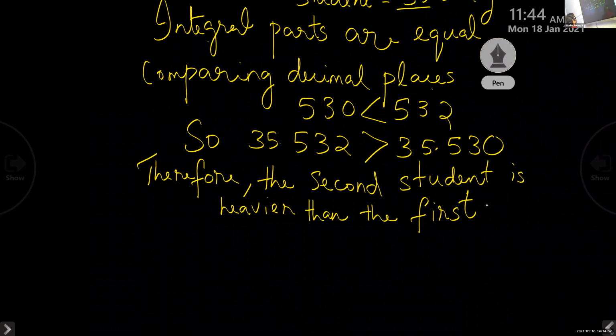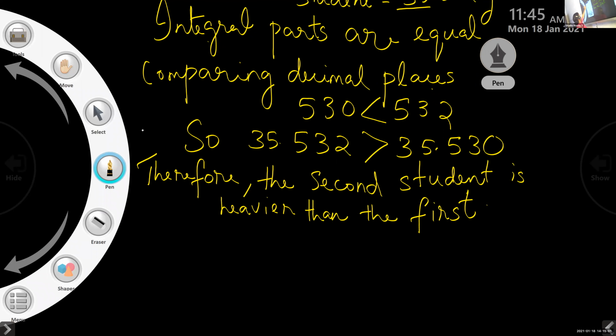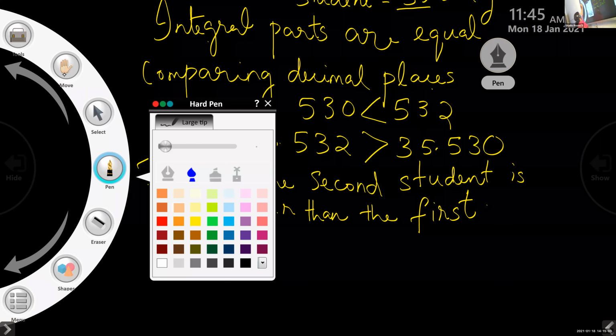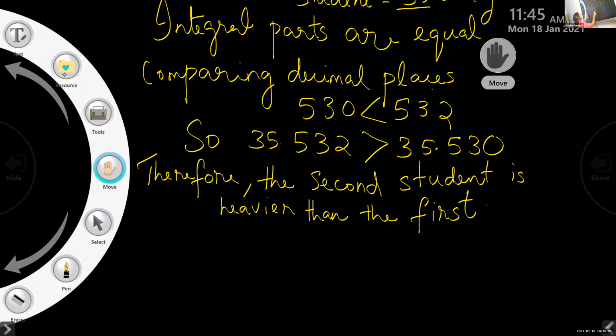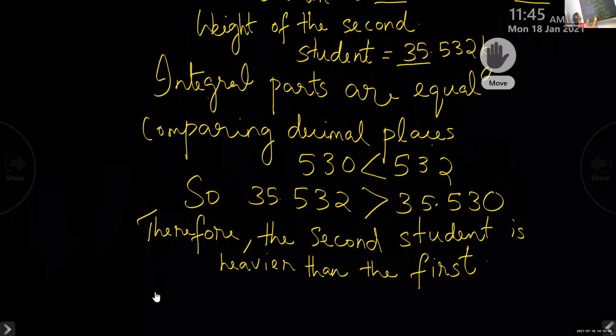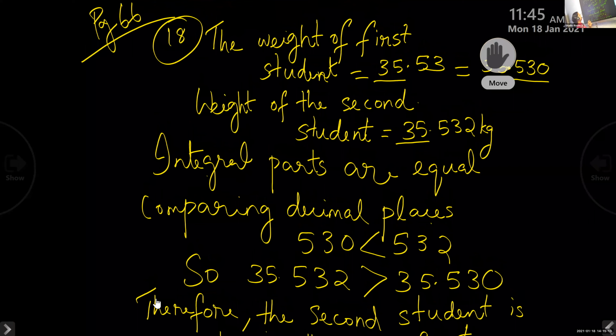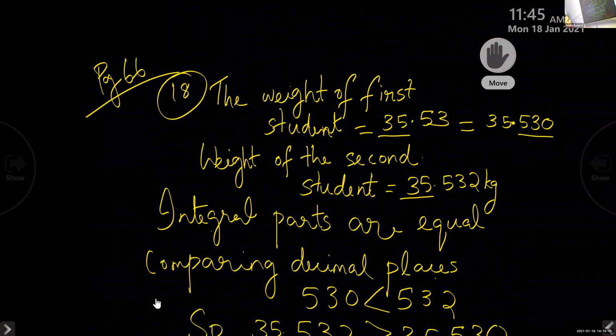So children, finish. We have started from the weight of the first student. It is 35.53. So we can write directly there to convert that to like decimals, 35.530.